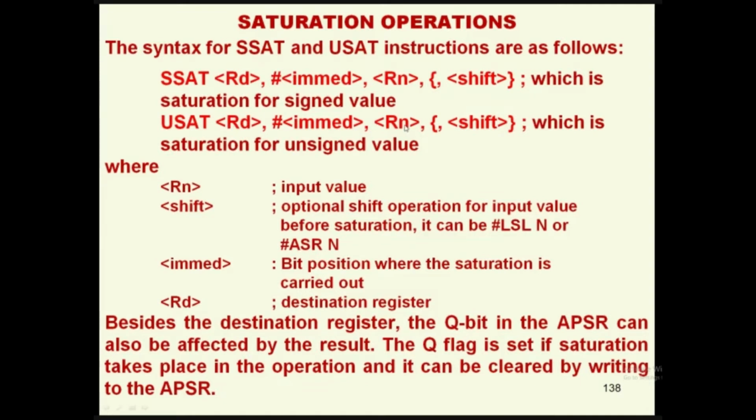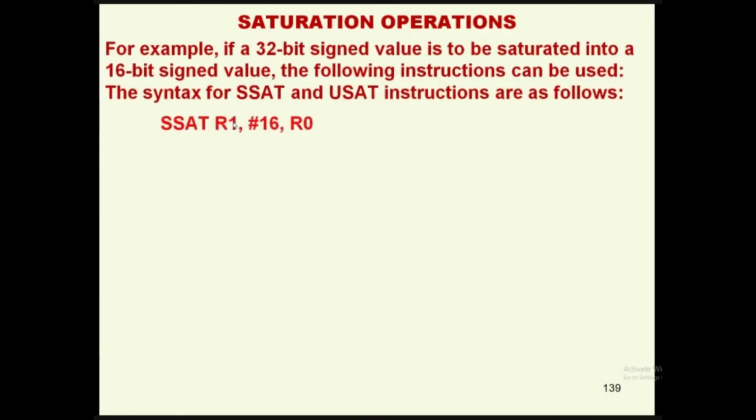So the source register, which bit saturation needs to happen, and the result is updated in the destination register. In this context, R0 is the source, R1 is the destination. Saturation was carried out in the 16th bit, is what you understood from this.